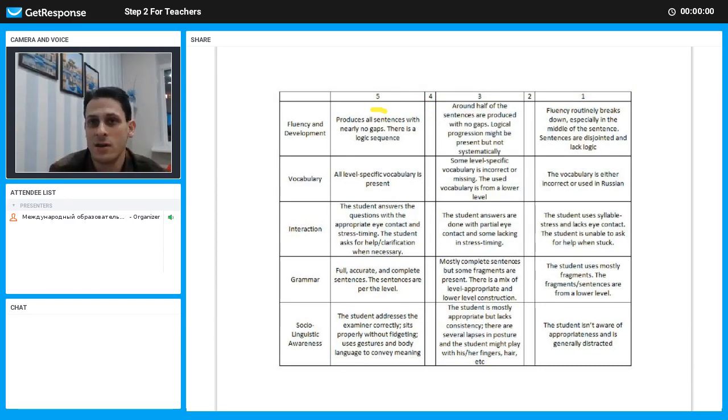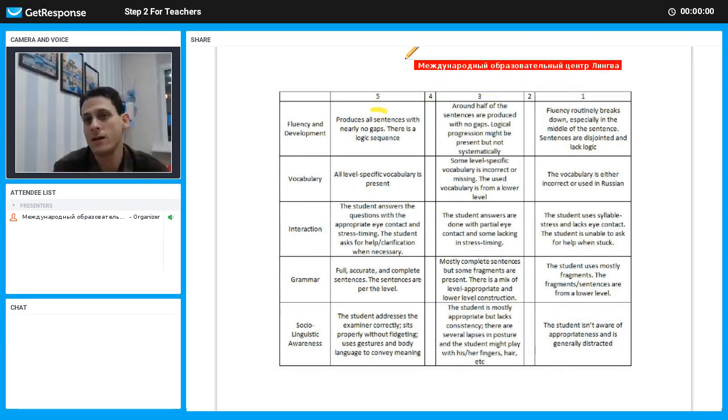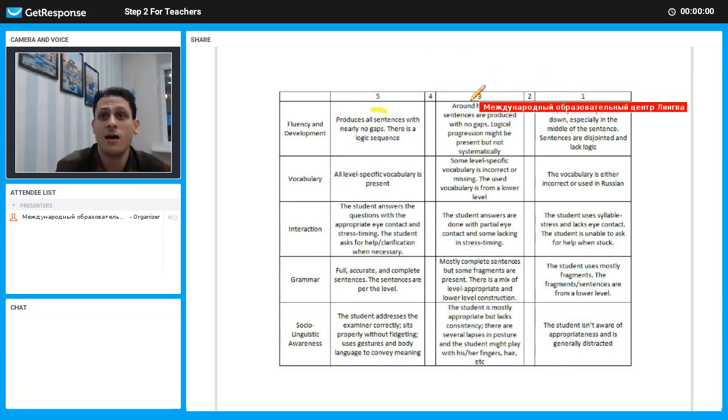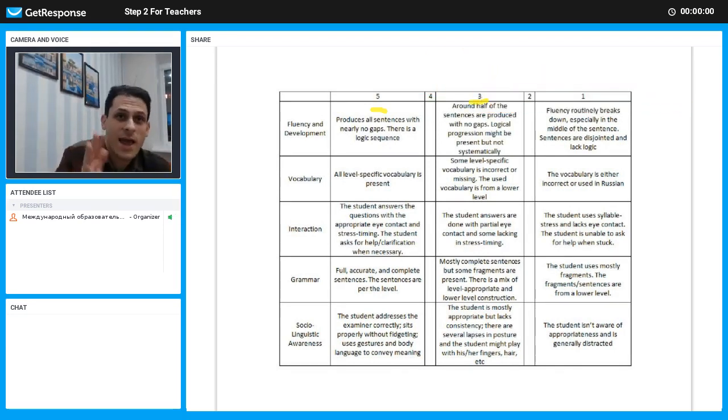The person is using the right, appropriate eye contact, and so on. Around 3 is about halfway, so something is there, something is not there. Could be using lower-level vocabulary, or the student is stressed and is looking away, moving around, or 1, or essentially could be 0 even, where the student just says nothing.